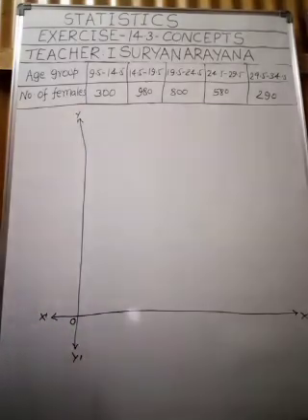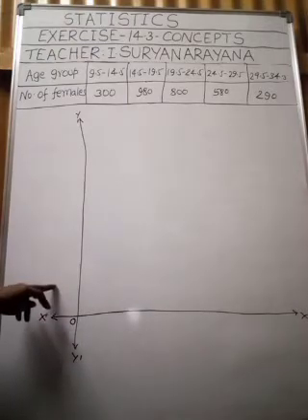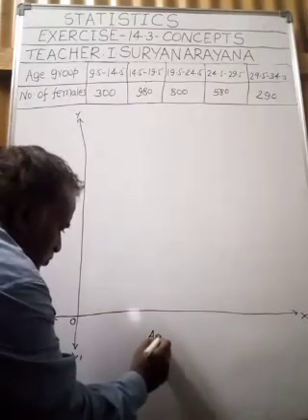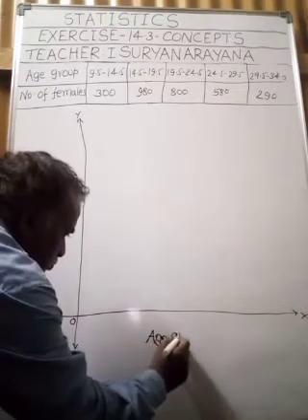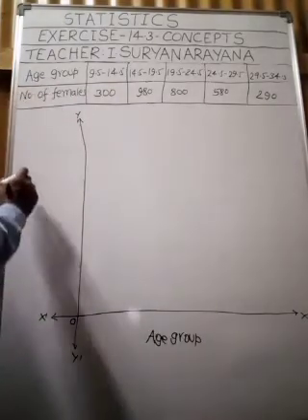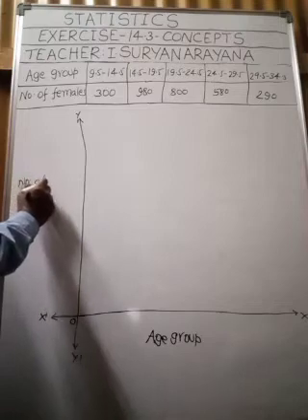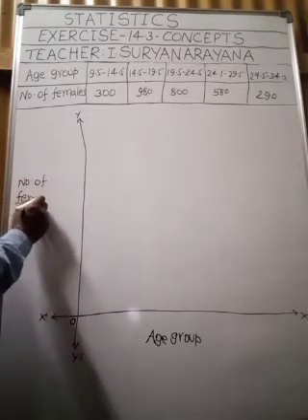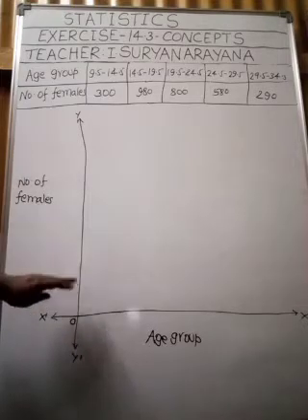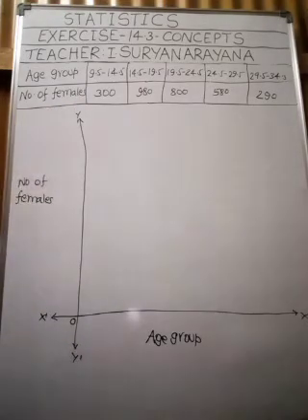So first of all, we have to draw coordinate axes on the graph sheet. On the x-axis, let us take age group. On the y-axis, number of females. After taking these, we have to choose a suitable scale on both axes.